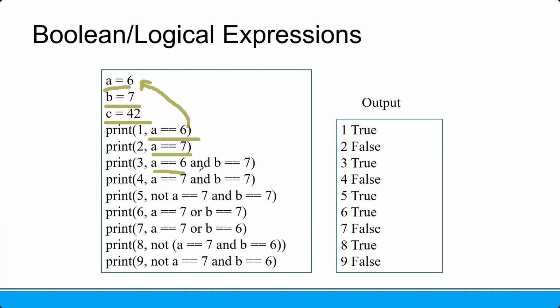A is 6 and B is 7. The result is true. A is 6, it is true. B is 7, so this is true. A is 7, A equals 7, false. B equals 7, true. So false and true become false.